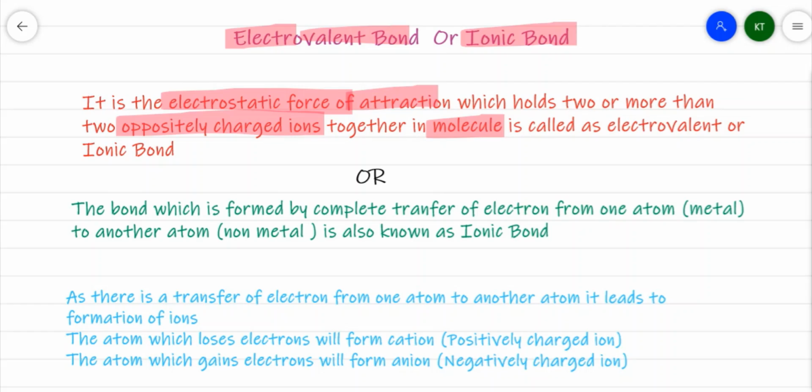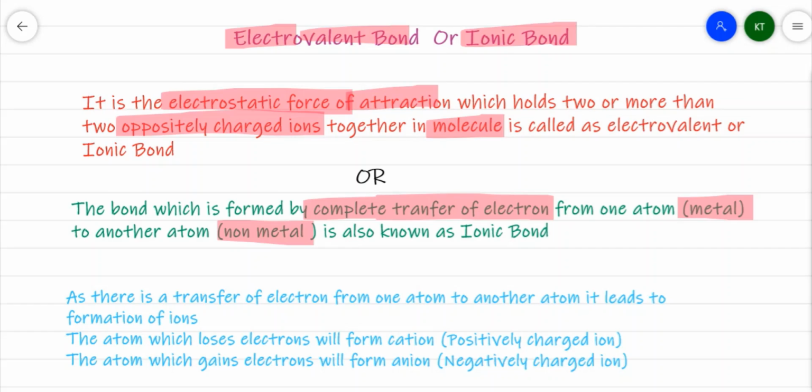It can also be defined as a bond formed by complete transfer of electron from one atom, that is a metal, to another atom, that is a non-metal. So basically, this can also be referred to as a bond formed between a metal and a non-metal.